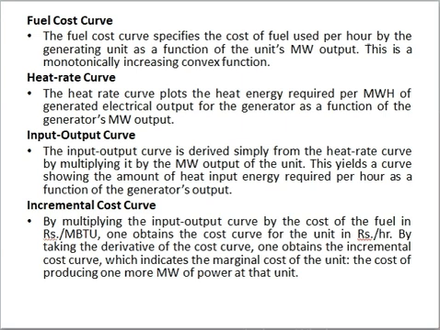The heat rate curve is the plot of the energy required per megawatt hour of generated electrical output for the generator, that is, how much energy is required per megawatt hour. Next is the input output curve.